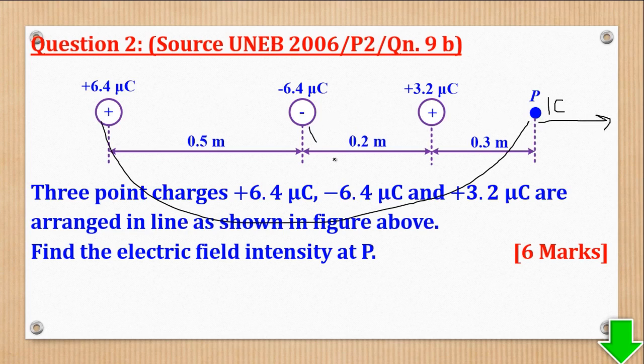Then for this and this, they are opposite charges, meaning the electric field intensity will be in this direction. Then for this and this, they are like charges, so the electric field intensity will be in this direction. So the formula will be used to calculate the magnitude, and the law of electrostatics will help us to get the direction, just like it was in the previous video.